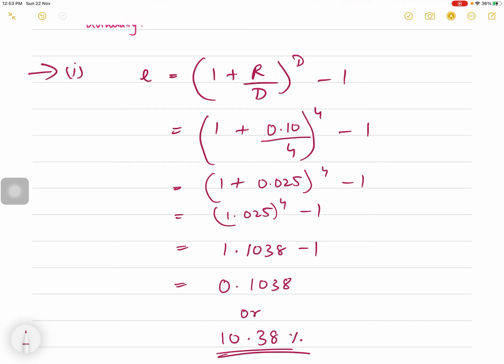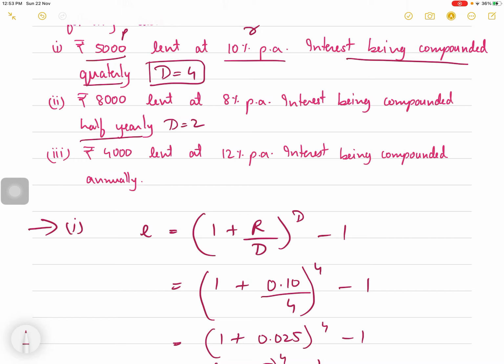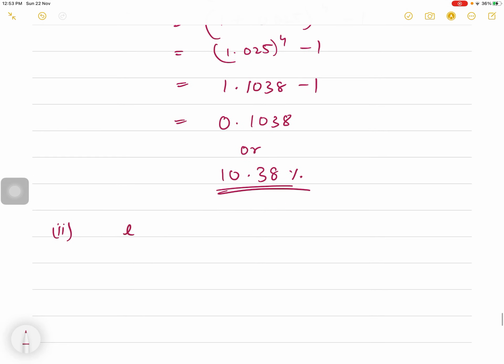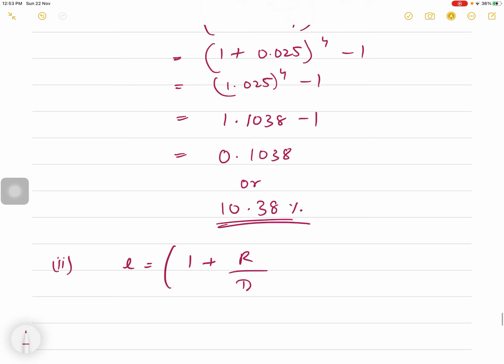Similarly, let's solve the second part. Second part is interest is being compounded half yearly. That means D is equal to 2, because in a year twice the compounding is done. And interest rate is 8%, so R is equal to 8%. Principal is not required. So E is equal to 1 plus R upon D, the whole raised to D, minus 1.